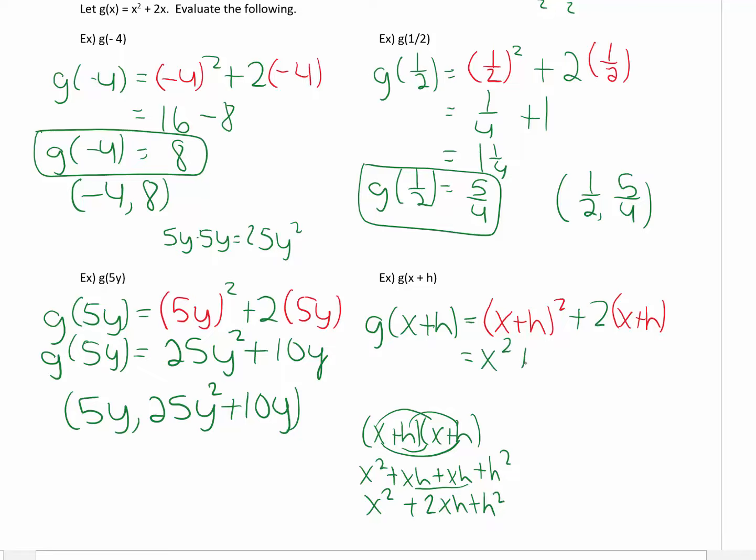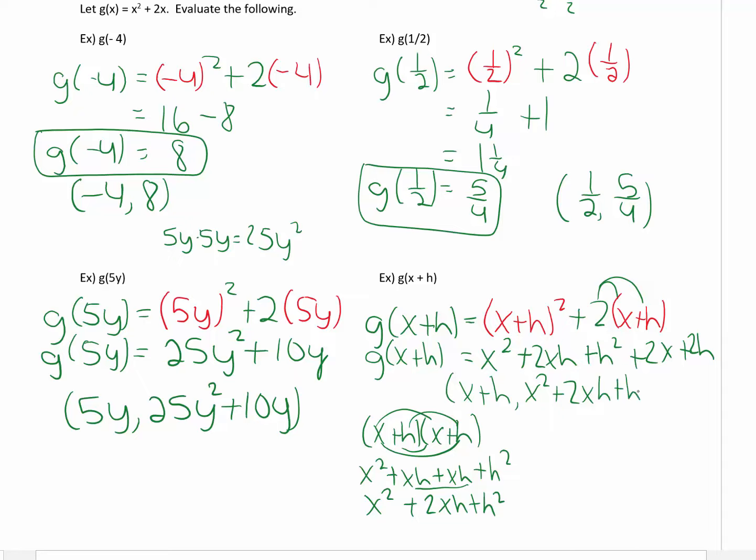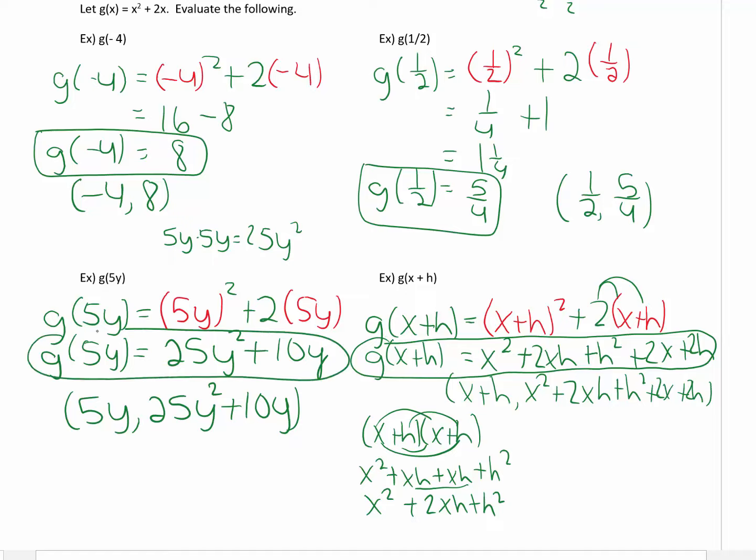So I'll write that here. Here I'm just distributing, so that's plus 2x plus 2h. There are no like terms that I can combine at this particular stage, so I can't do anything further. As an ordered pair would be x plus h, comma x squared plus 2xh plus h squared plus 2x plus 2h. Again, you don't need to write it as an ordered pair, but I like to show the relationship between the domain and the range for each of these.